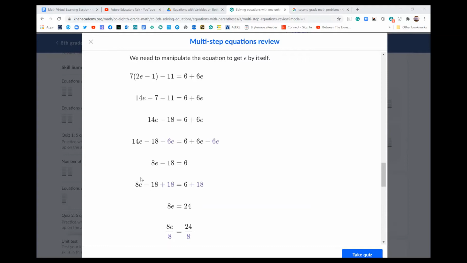Well, what are our like terms here? Negative 7 and negative 11.